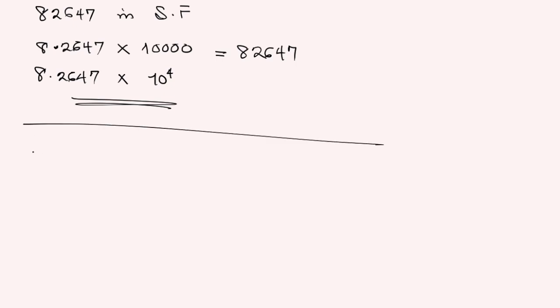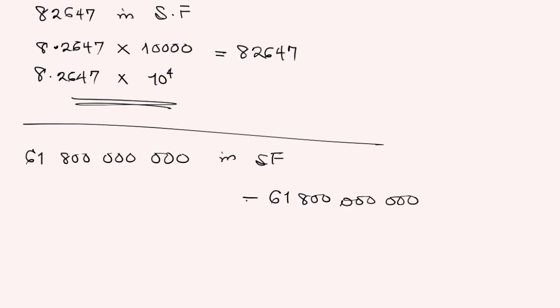The next example is 61,800,000,000 in standard form. So we do the same thing. The number between 1 and 10 that we can derive from here would be 6.18.